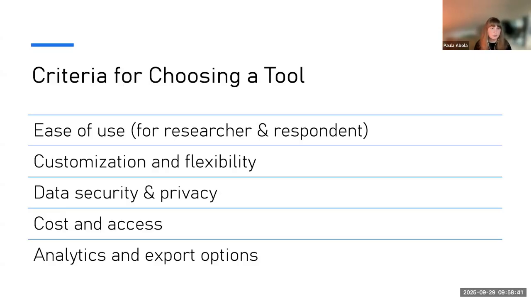Costs can also vary dramatically, from free platforms like Google Forms that maybe you already have used, to premium institutional licenses like Qualtrics. Finally, you must look at what happens after data collection. Can the tool export to Excel in a standardized form? Or maybe it can export to software such as SPSS or Stata. You must also see if it provides any built-in analytics.